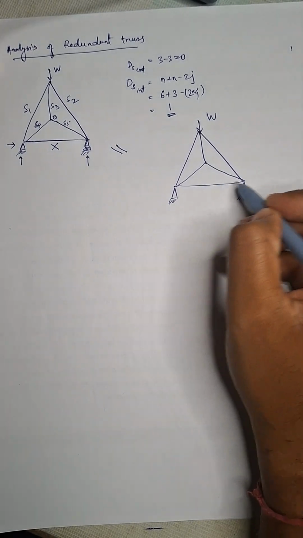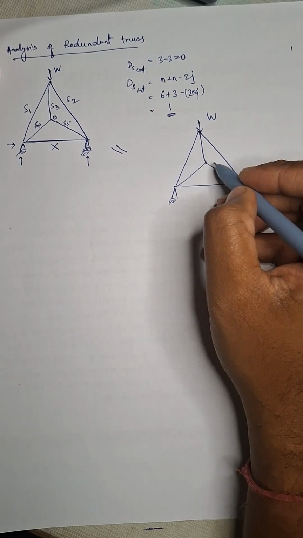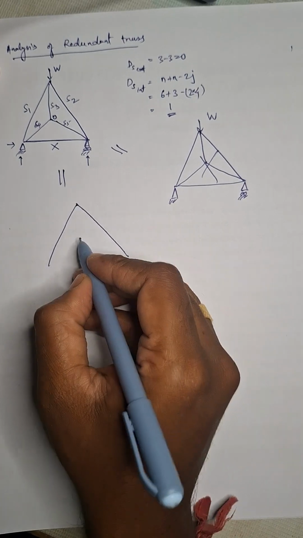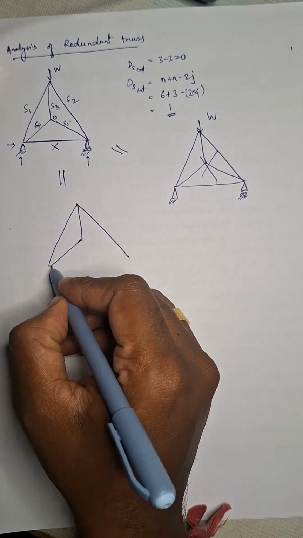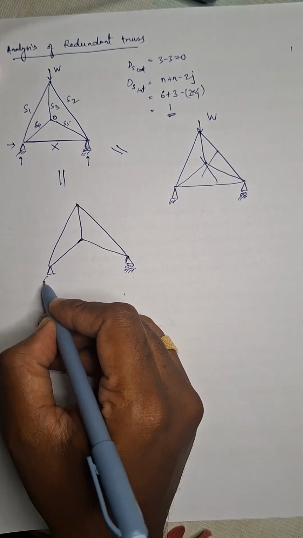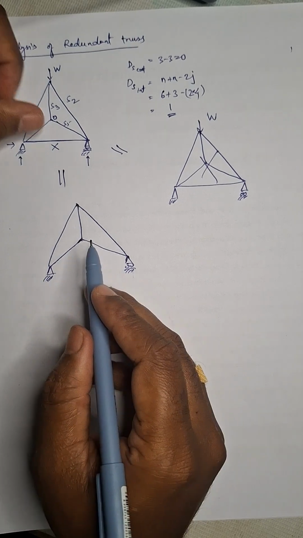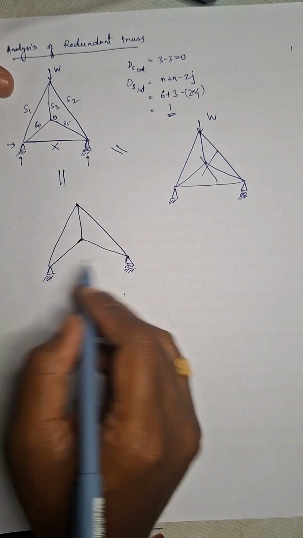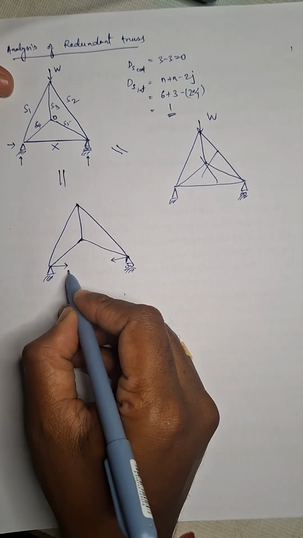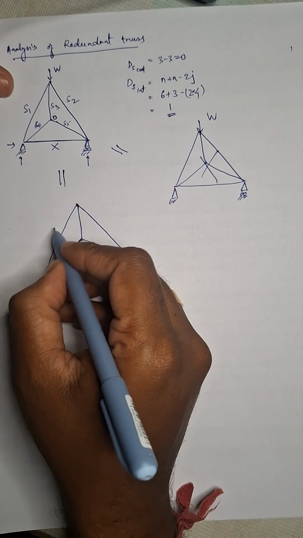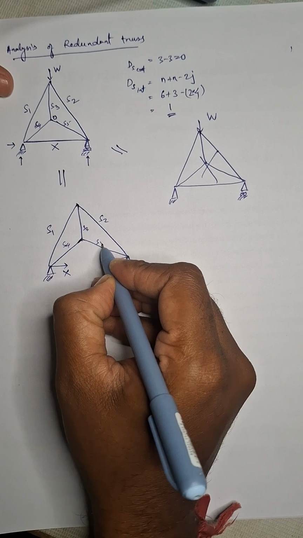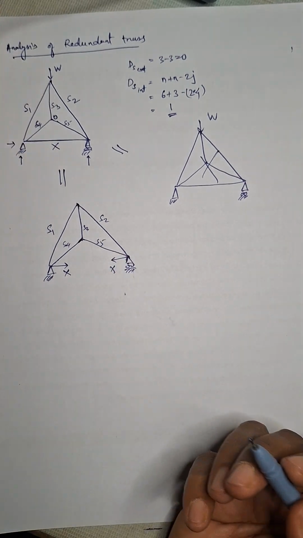I was supposed to remove this member, but I forgot to. So this will be like this. Instead of the member force, here member force is X, so removing the member I can apply two equal and opposite forces here, which is X and X. So this one is again S1, S2, S3, S4 and S5. So these two systems are same.